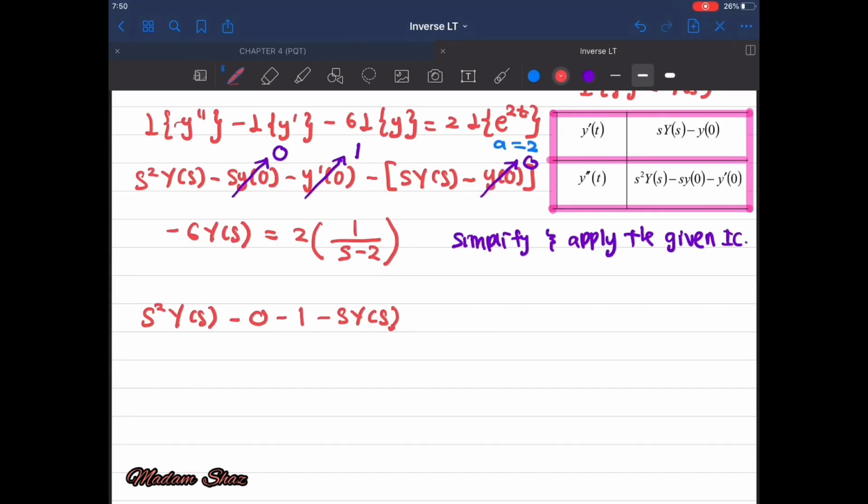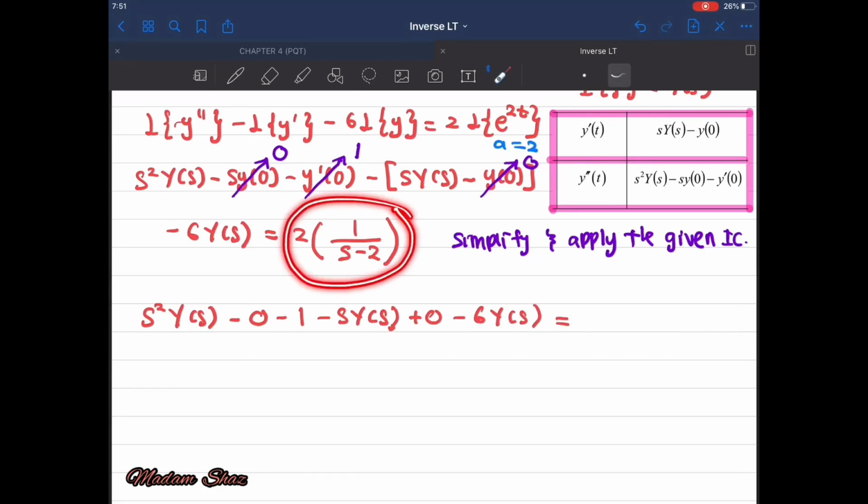Actually there is no problem if you don't want to write the 0. Minus 6Y(s) is equal to 2 multiply 1 over s minus 2 will become 2 over s minus 2.